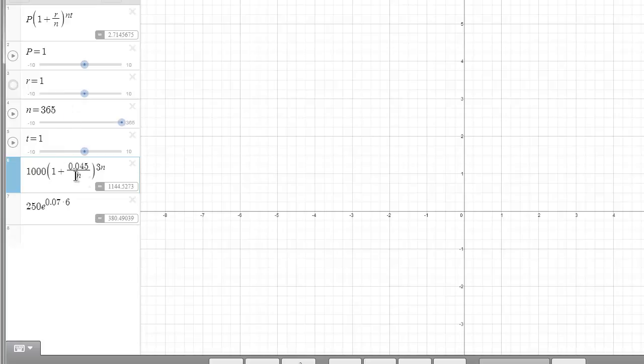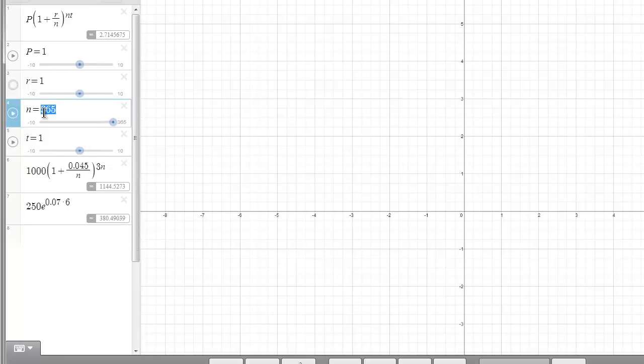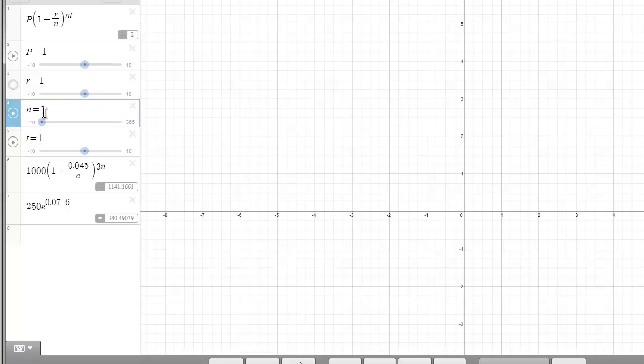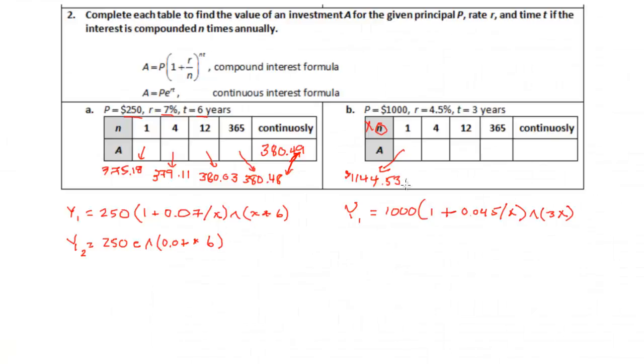Oh, I messed up. I had n set to 365. All right. Let's keep that value. It's $1,141.17.